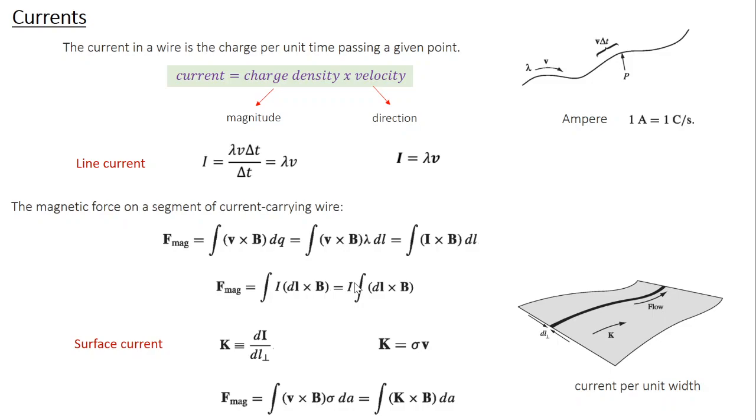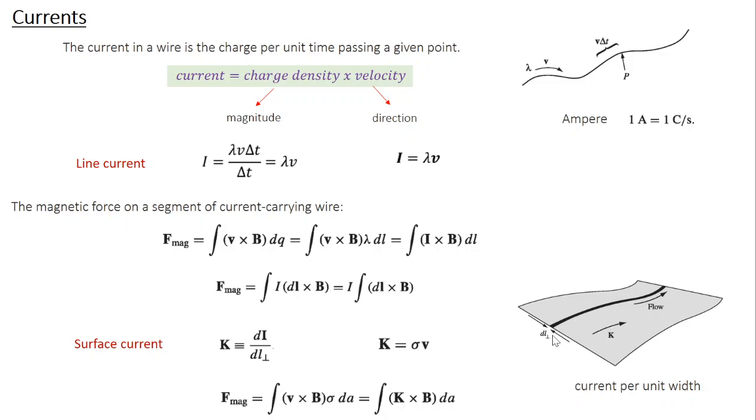Coming to surface current. Imagine that I have a two-dimensional surface on which there is a surface current K flowing in this particular direction. Now you can assume that there is a tiny ribbon which is running along the direction of the current flow. Let dl be the width of the ribbon.